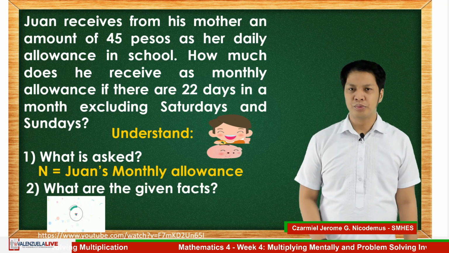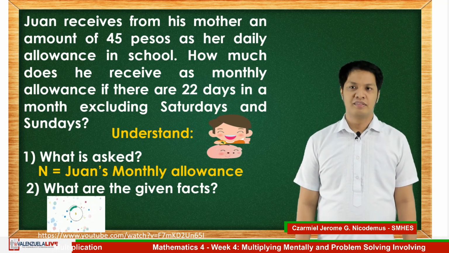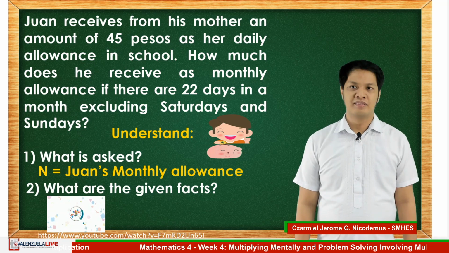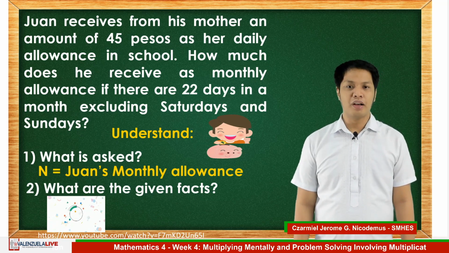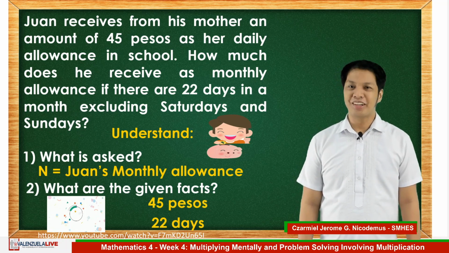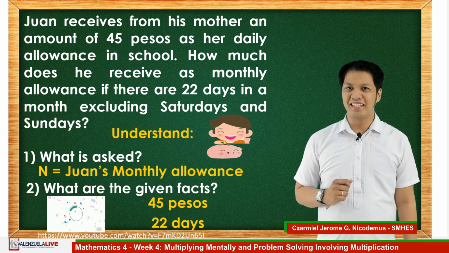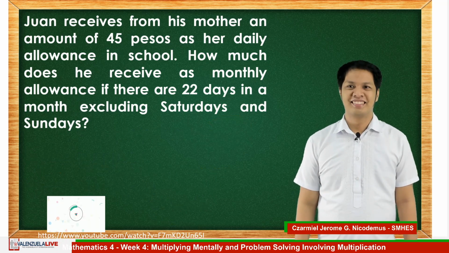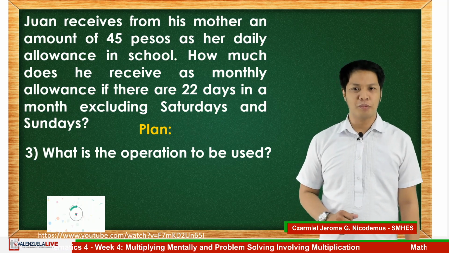Question number 2. What are the given facts? Time's up. The given facts are 45 pesos, that is Juan's daily allowance, for 22 days. Plan. Question number 3. What is the operation to be used?